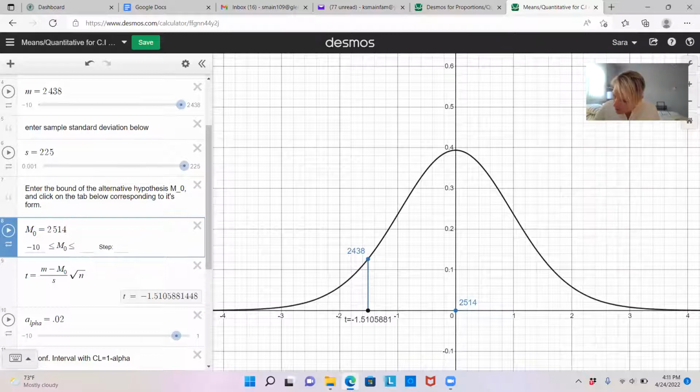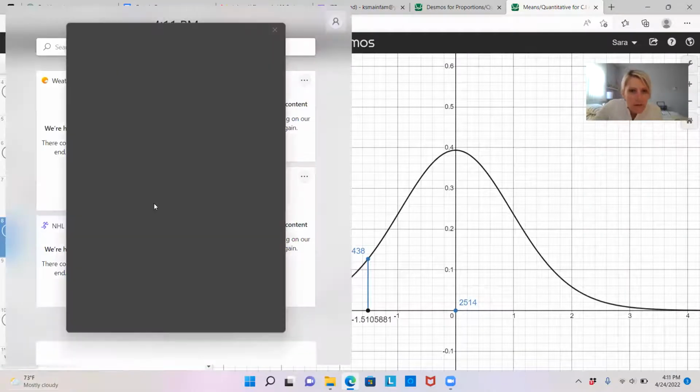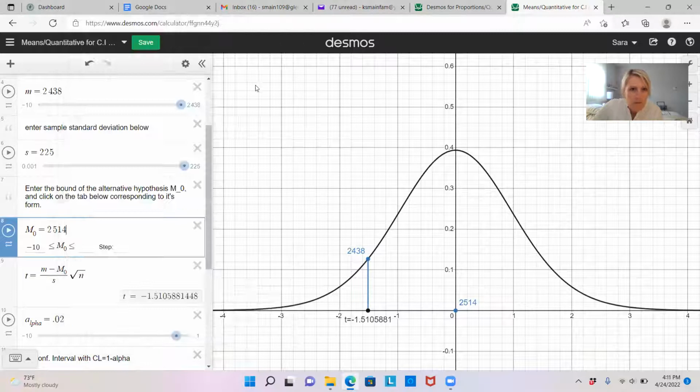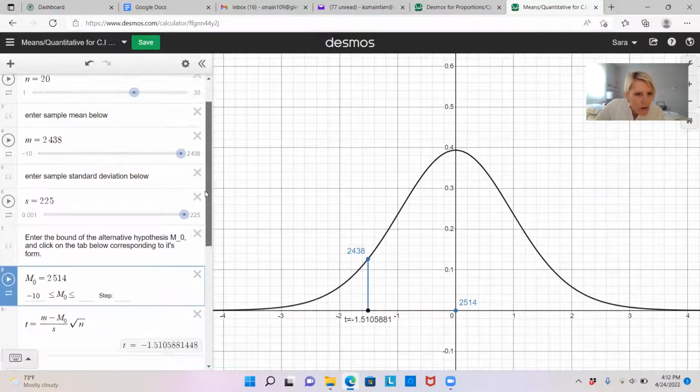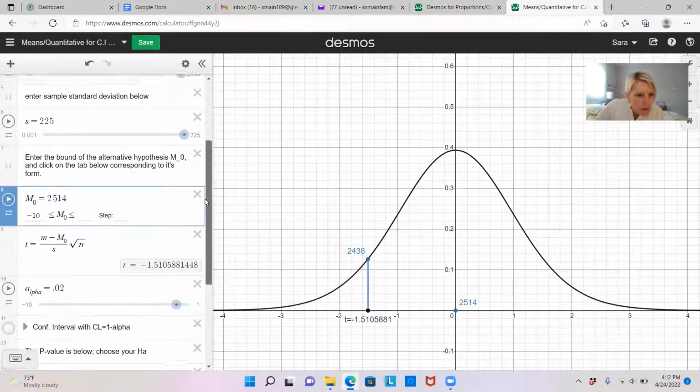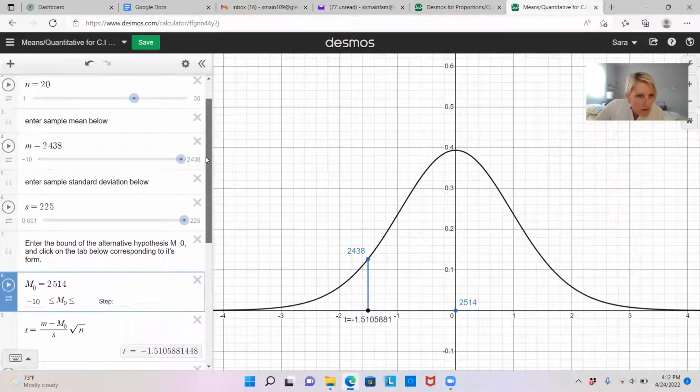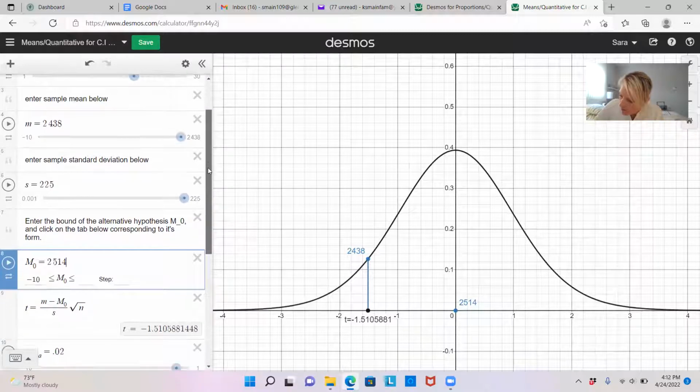Our sample mean should be greater than here.